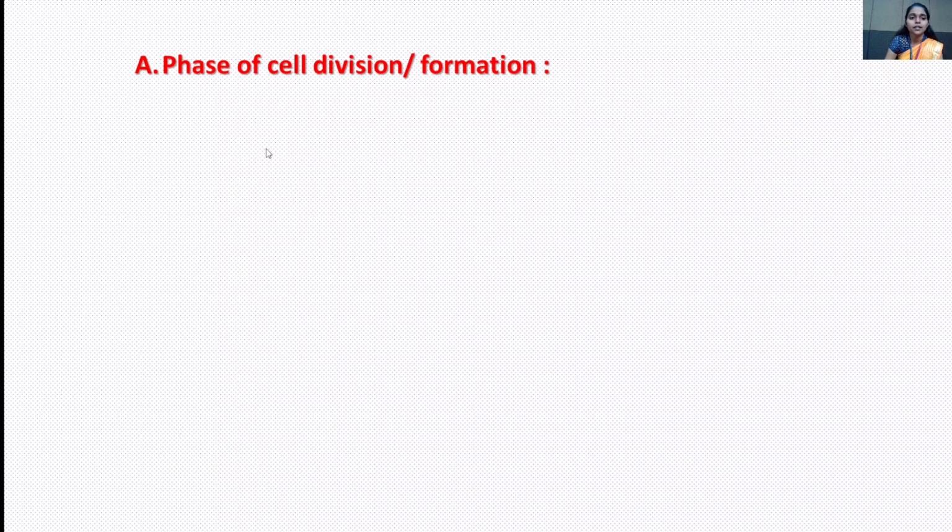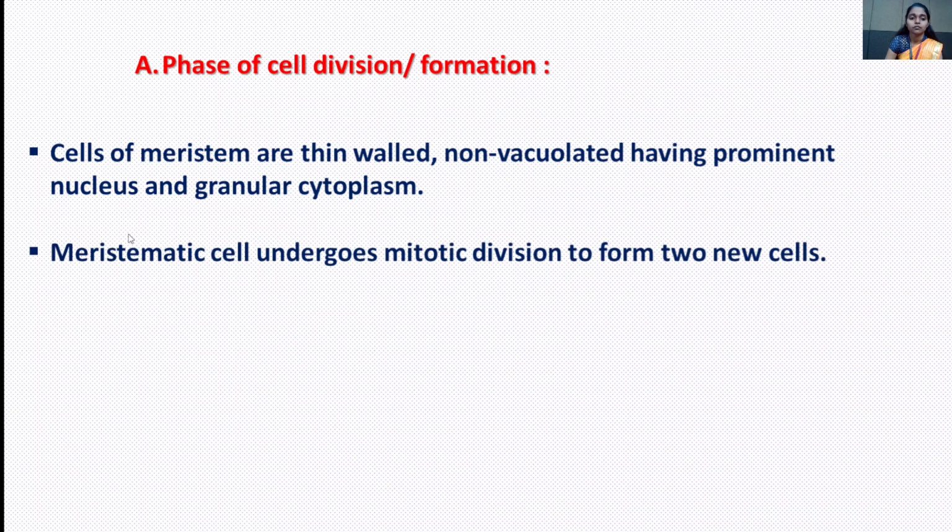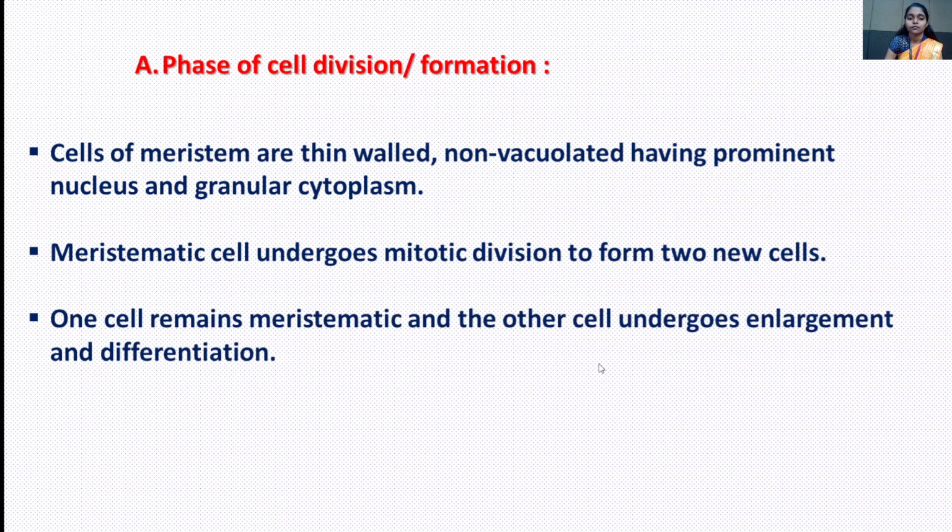First phase is the phase of cell division or formation. Cells of meristems are thin-walled, non-vacuolated, having a prominent nucleus and granular cytoplasm. Meristem cells undergo mitotic division to form two new cells.